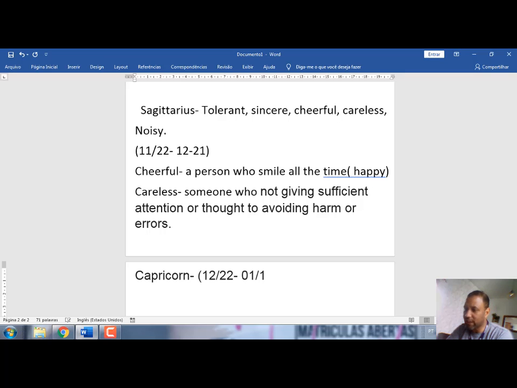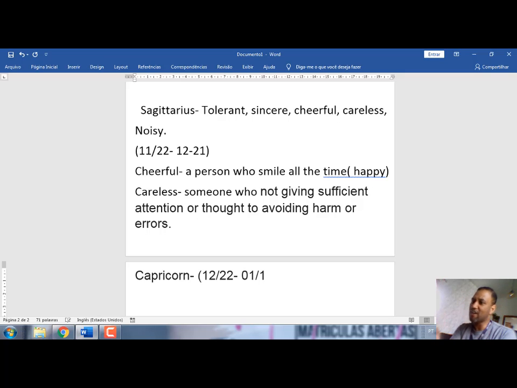A trustworthy person, okay? A person that you can tell a secret to, and this person is going to keep your secret. So he's a trustworthy person, right? Reliable is the same thing as trustworthy, right? So pay attention. Your friend that was born in this time, right? Is this friend of yours reliable?